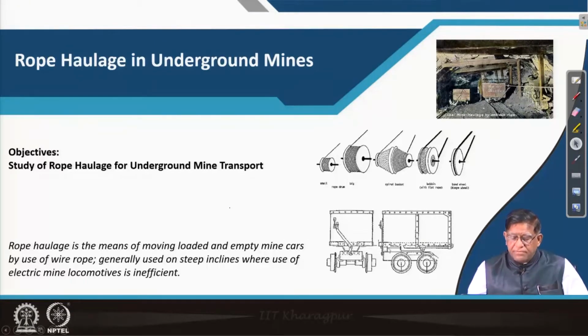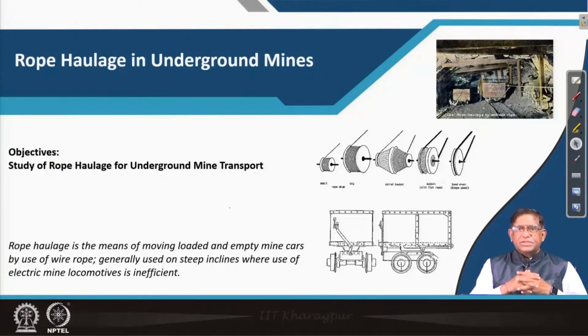These different types of mine cars are mounted on rails and are just pulled by rope. That is the rope haulage you have seen, where the rope is turned on drums or pulleys. So, there are different types of rope haulage system.